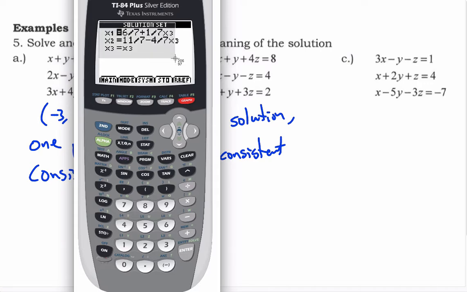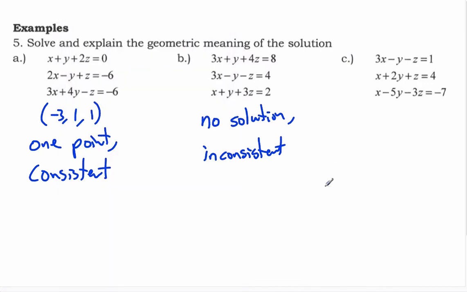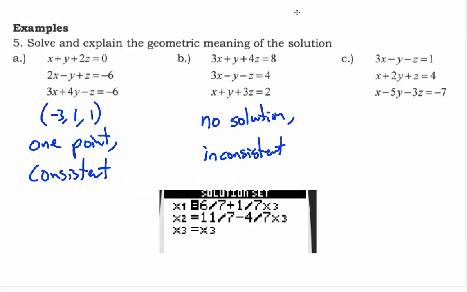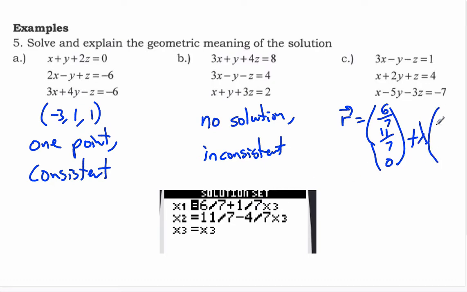Hang on 1 second. Let's do a little bit better job than that. So your answer here is your intersection is a line, and this is the equation of the line. It's going to be 6/7, 11/7, and 0, because there's nothing there, plus lambda times the direction vector, which is 1/7, negative 4/7, and 1.